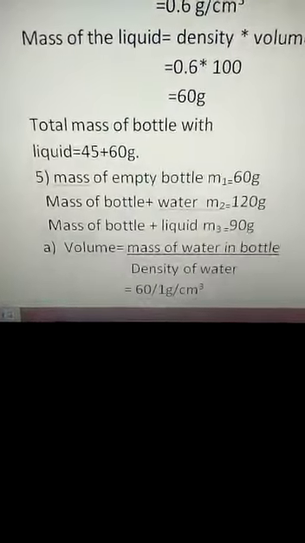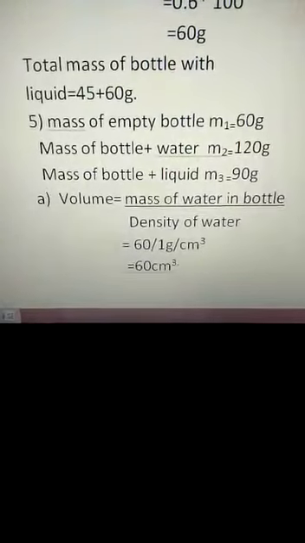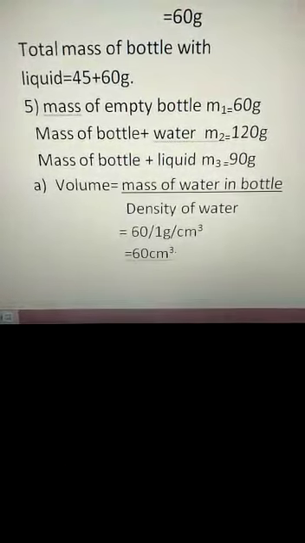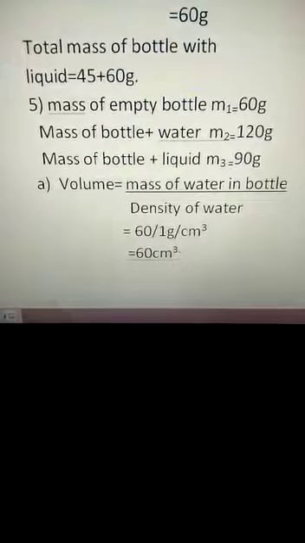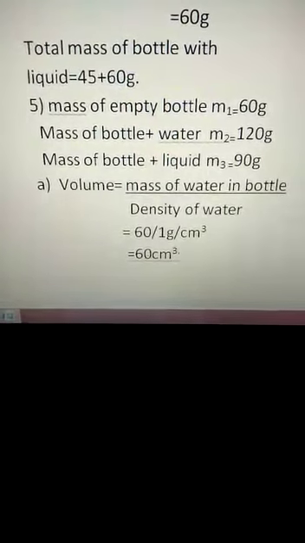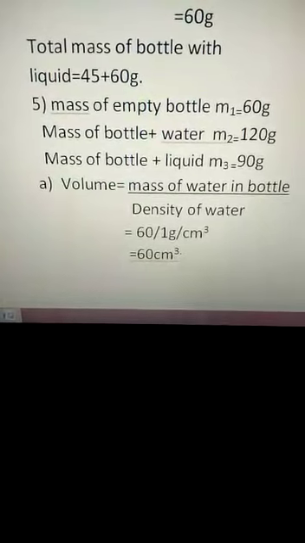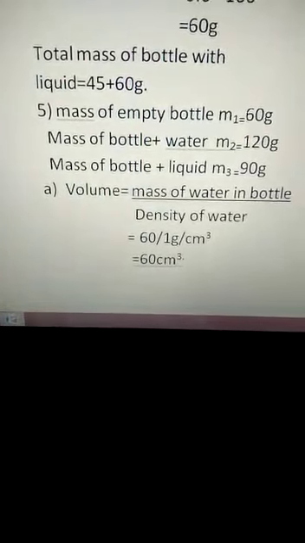Now the mass of the bottle is given as 60, the mass of the bottle plus water is 120, and the mass of the bottle plus unknown liquid is 90. To find out the volume, we find how much water the bottle can contain, the capacity of the bottle.